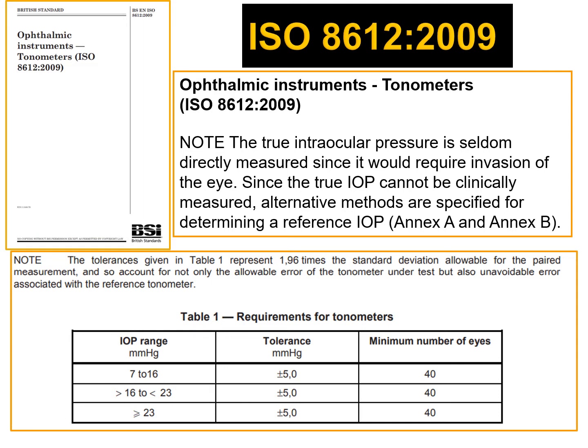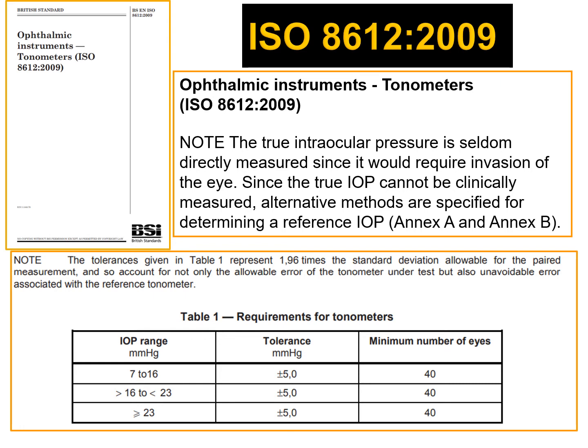So again, this is simply saying, can one machine replace another machine? And they use the same sort of thing, but they are quite specific. They say to pass this, you have to have 120 eyes. You have to measure 40 between 7 and 16 millimeters of mercury, 40 between 16 and 23, and 40 above 23. So all these other papers that come out ad hoc later, they're not following any ISO 8612 protocols.